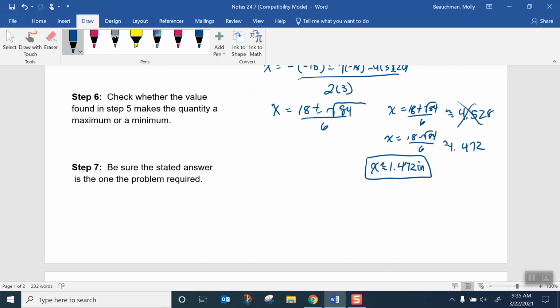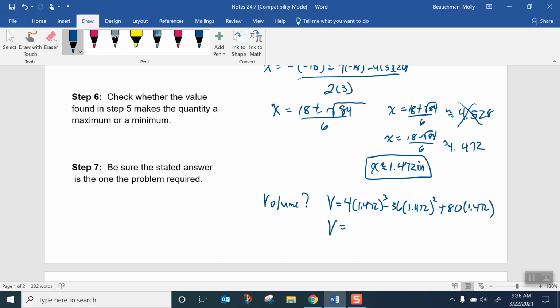If they also asked if you wanted to know the volume, then we would substitute that back into the original volume equation. So that would be 4 times 1.472 cubed minus 36 times 1.472 squared plus 80 times 1.472.